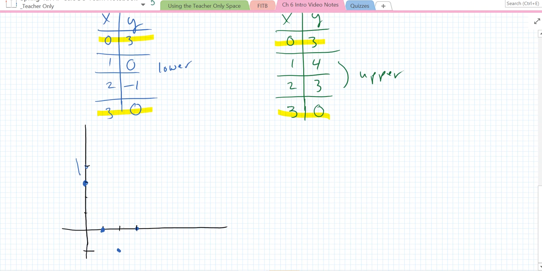So that's f of x. And then there's g of x. For g of x, same starting point and stopping point, but for 1, I'm going to go to 4. For 2, I'm going to go to 3. And then I come down to 0. So it goes like this.